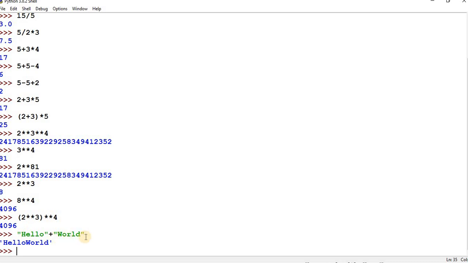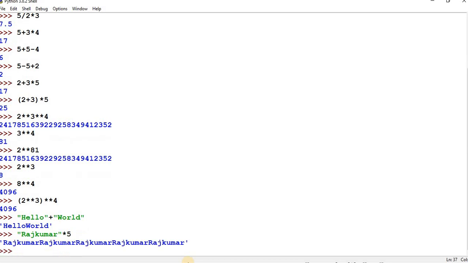So these two string values have been concatenated, forming a new word. And suppose I'm using my name and I want it to appear 5 times, so just multiply it with 5. Look at the value, this value is replicated 5 times. So this is the use of the replication operator.